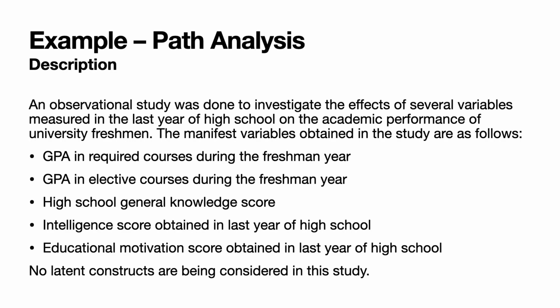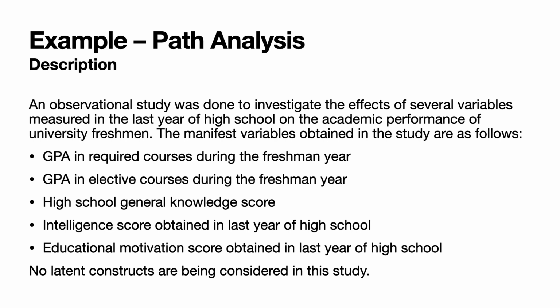So we'll first provide a description of the example. An observational study was done to investigate the effects of several variables measured in the last year of high school on the academic performance of university freshmen.